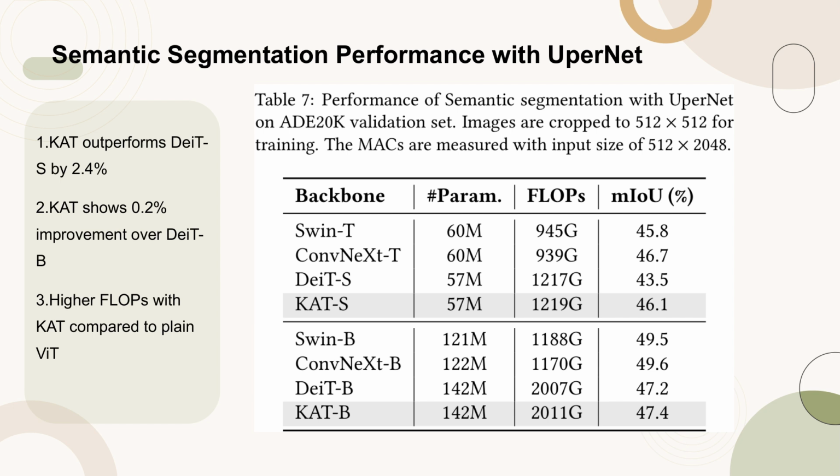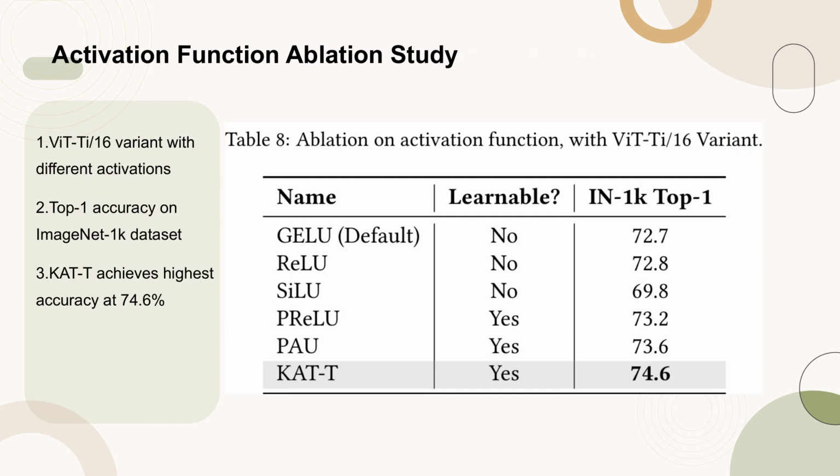Table 8 presents an ablation study on various activation functions using the ViT-T/16 variant. The study evaluates the impact of different activation functions on the top-1 accuracy on the ImageNet-1K dataset. Activation functions tested include GELU, ReLU, SiLU, PReLU, and PAU.